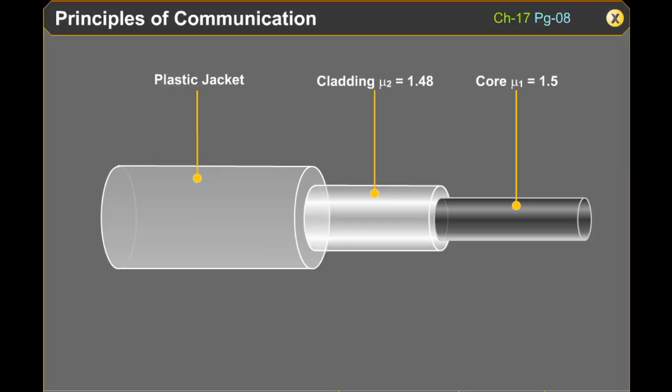The central core and cladding are enclosed in a protective jacket called the plastic jacket or buffer coating. It is made of plastic and provides safety and strength to the optical fiber.